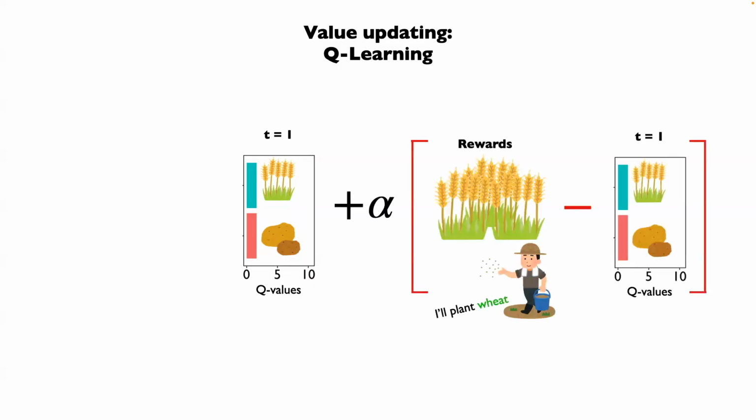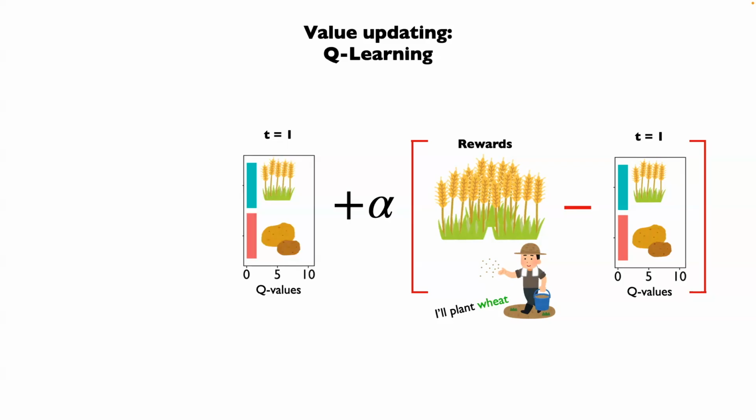He doesn't have any preference towards either of them. This updating process assumes: original belief plus the new experience. The new part, on the right-hand side, is the new experience: the reward he gets, minus the original belief. This is the so-called reward prediction error.